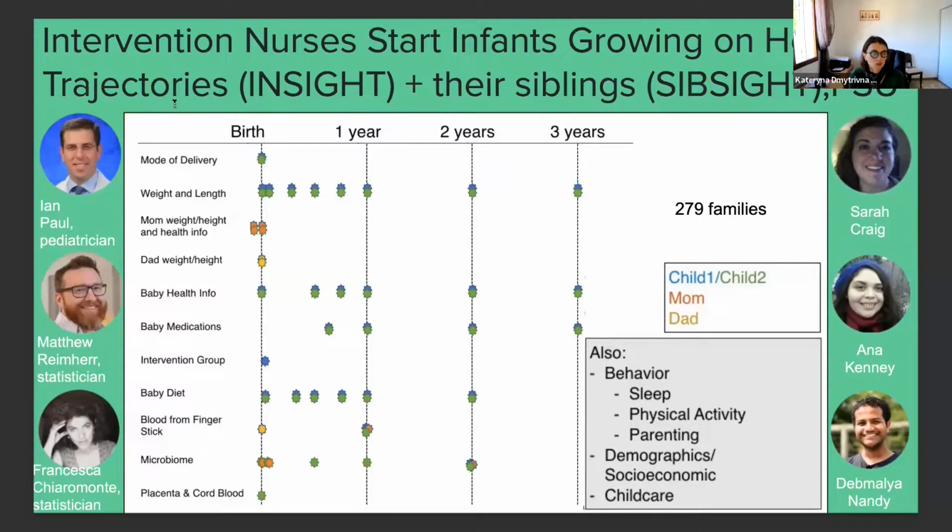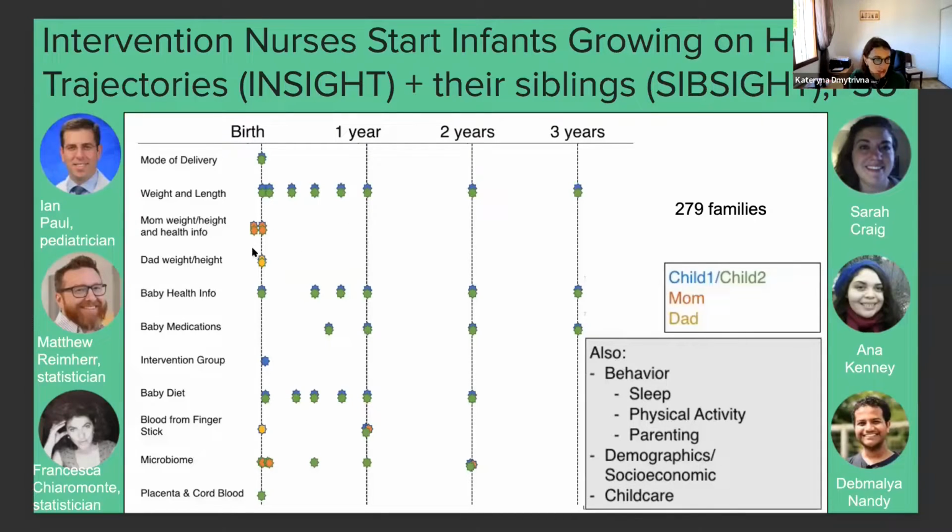And so what was collected for these children? What kind of data and what kind of samples were collected? We collected data on the mode of delivery, whether this was a vaginal birth or cesarean section. Then the weight and length or height were collected at multiple doctor visits for these children.